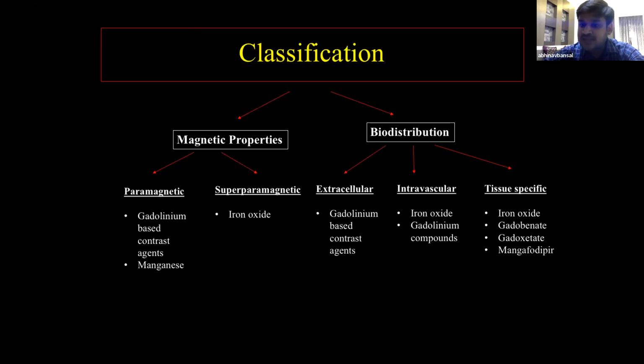Like iron oxide, which is taken up by the reticuloendothelial system, so it is distributed in the lymph nodes, spleen, and liver. Then gadoxetate and mangafodipir are taken up by the liver. So these are the liver-specific contrast agents, and they are specifically used in diagnosing and characterizing various liver lesions.